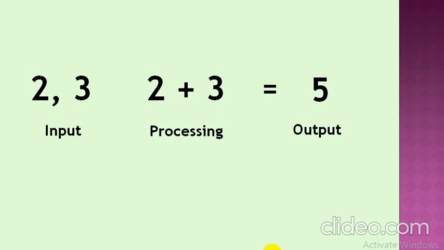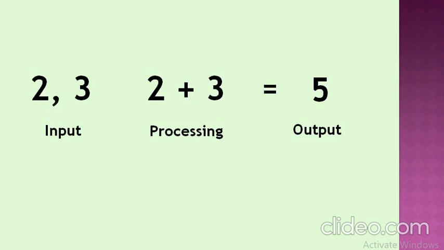Then what will the computer do? The computer machine will start processing, will start adding these two numbers. As a result, the machine, the CPU, will produce the answer as 5, which we call the output. And where do we get to see the output?